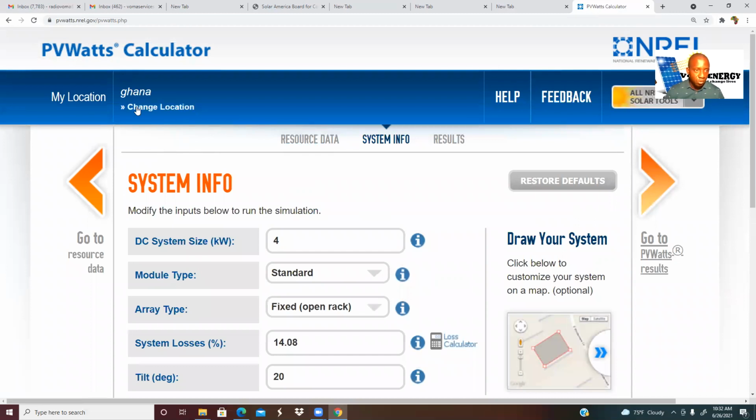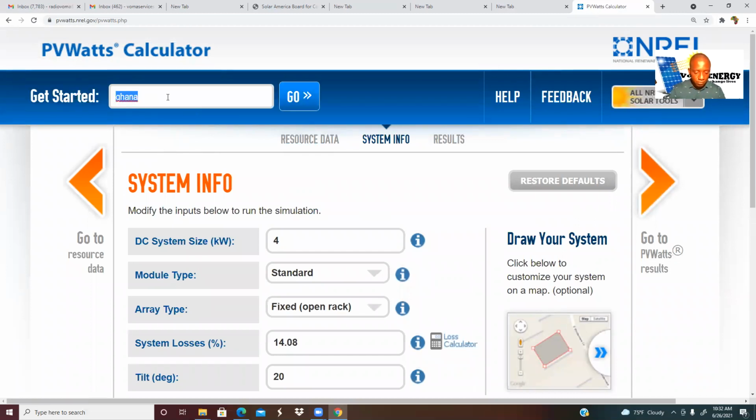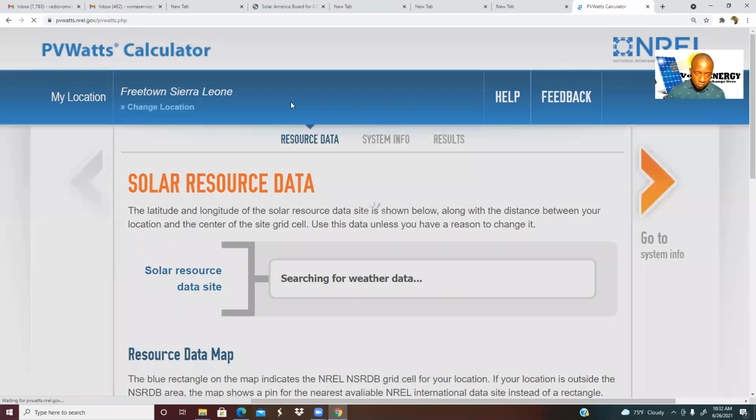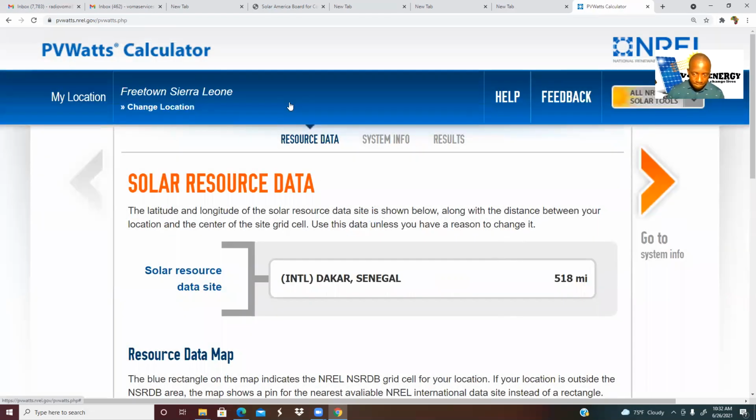I'm going to change the location to Sierra Leone. Versus Dakar, Senegal, so there we have a comparison.